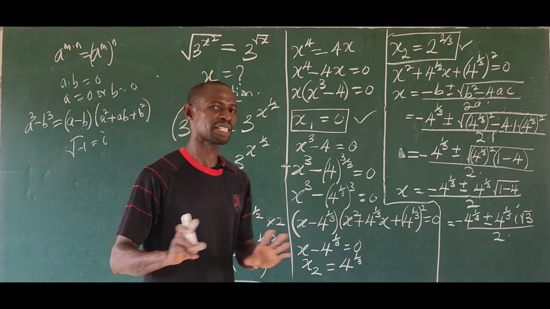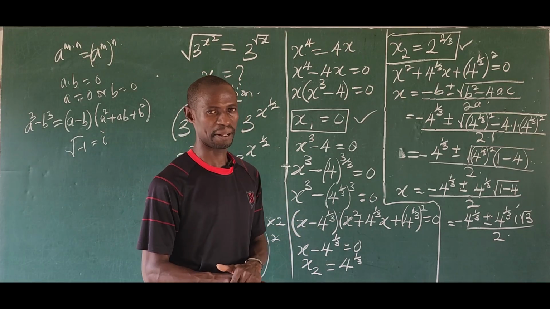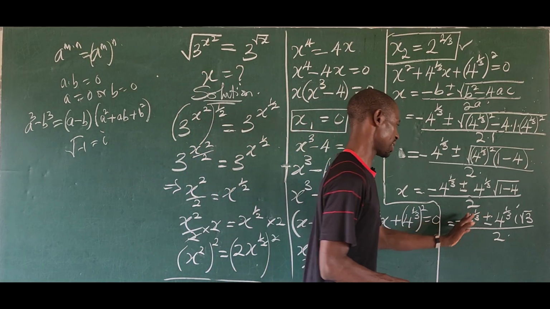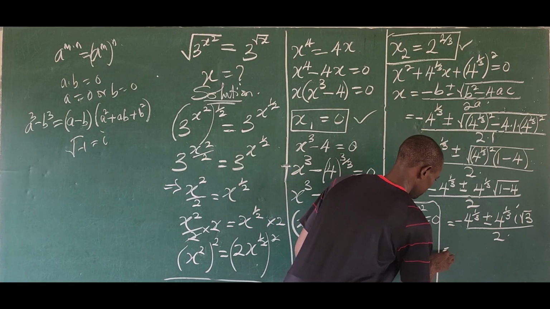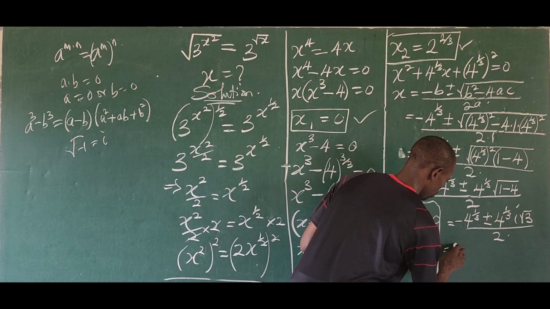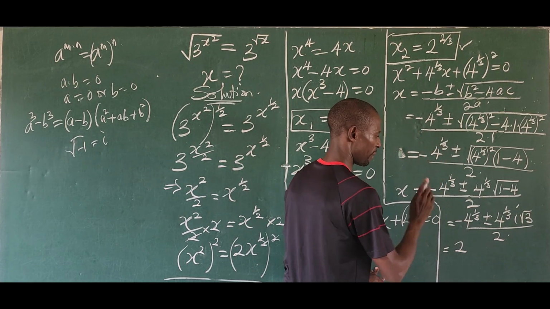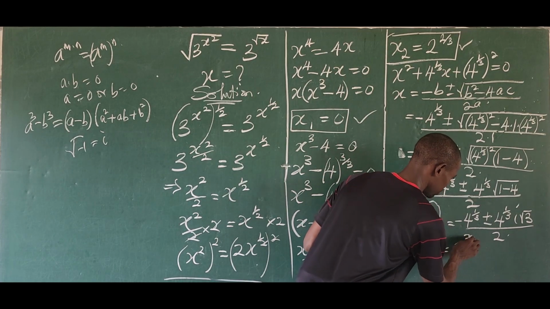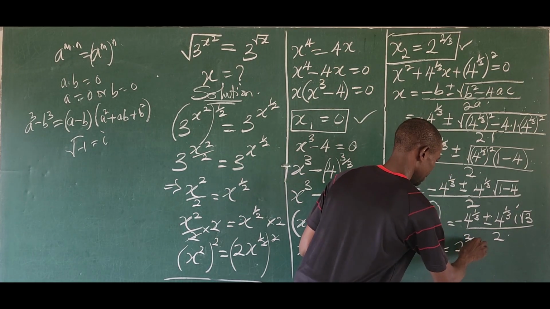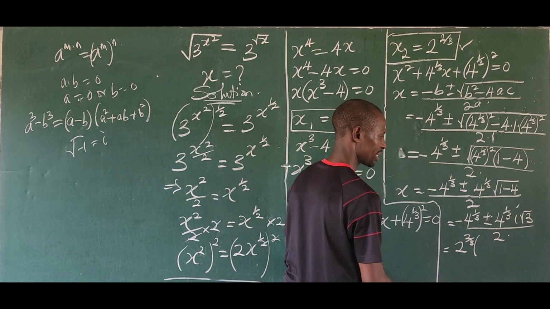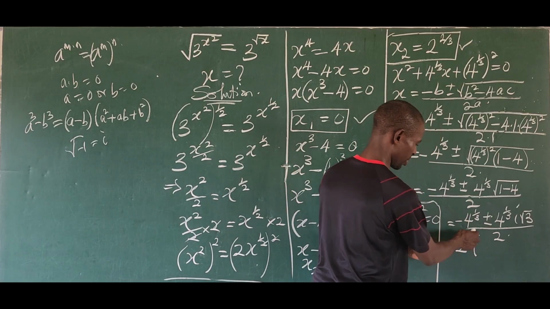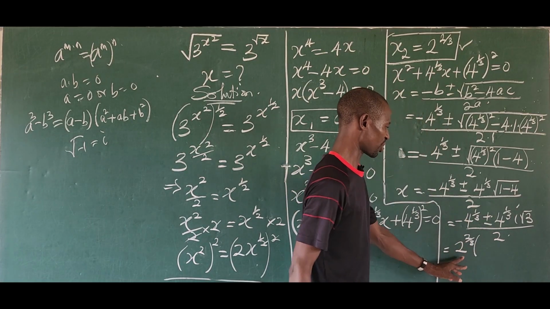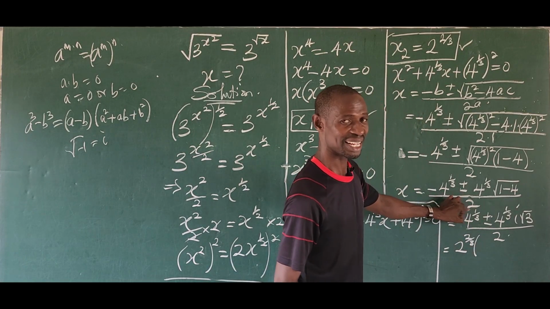We can still simplify this result down. Simplifying, we're going to have 2 to the power of 2 all over 3, then in bracket, whatever expression we have here is the same thing as this.